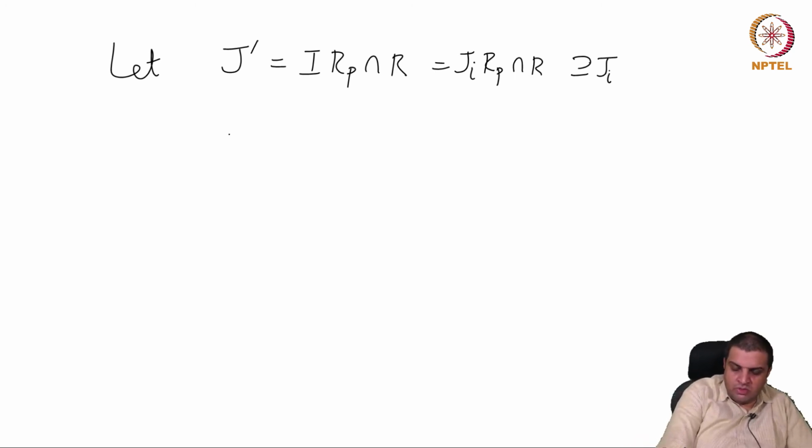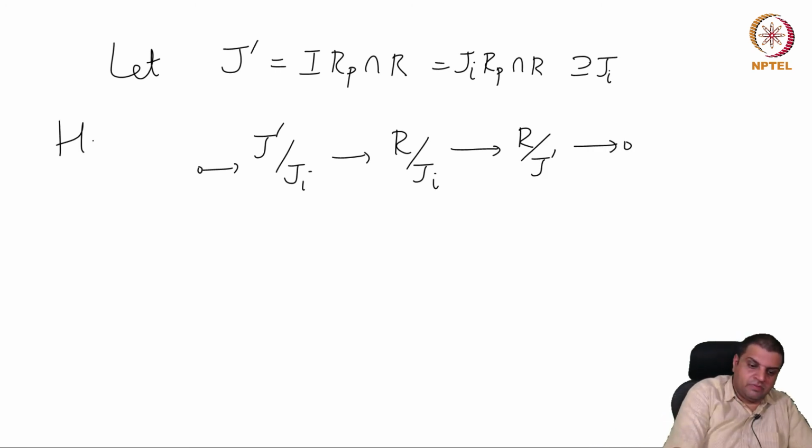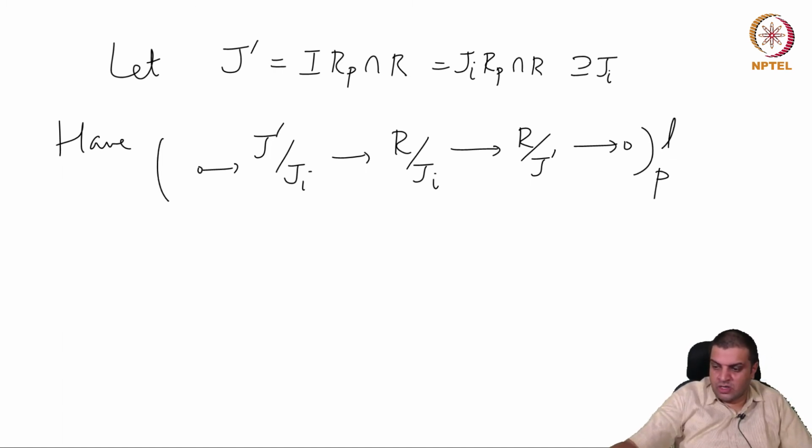So what kills this J prime? Notice that we have the exact sequence: J prime over Ji to R mod Ji to R mod J prime to 0. We have this. Now localize this at P.